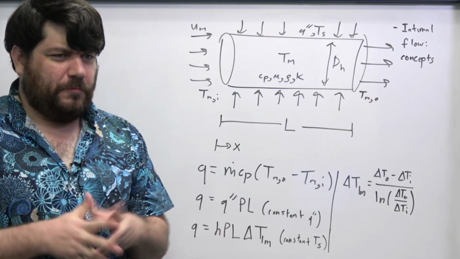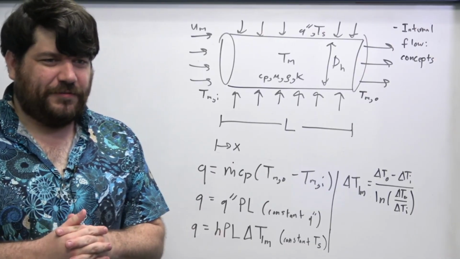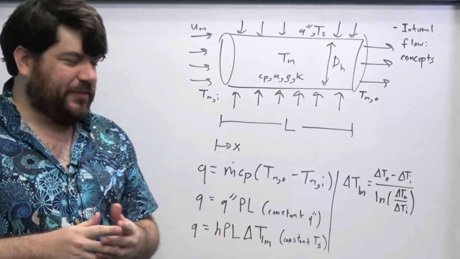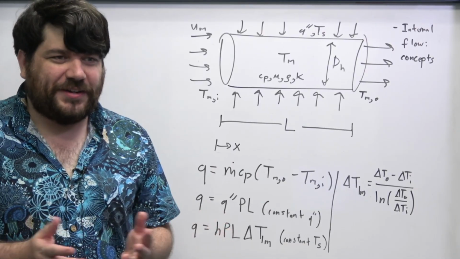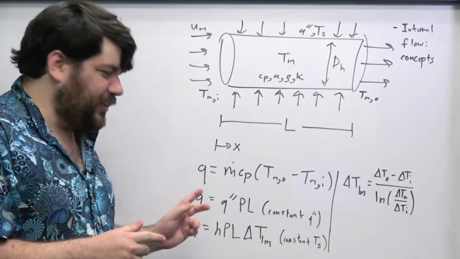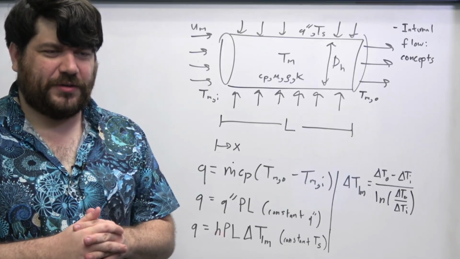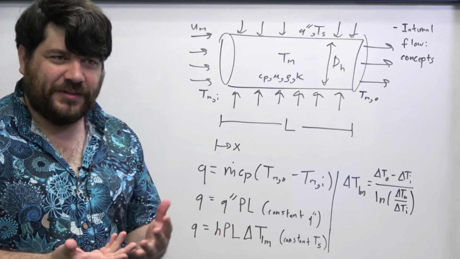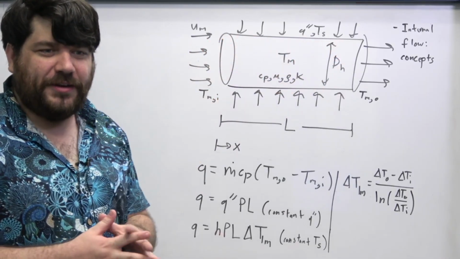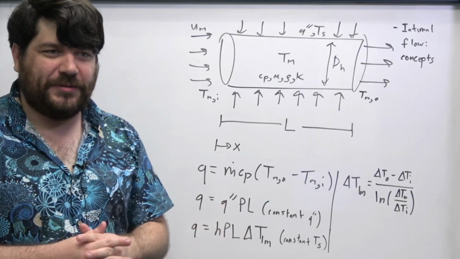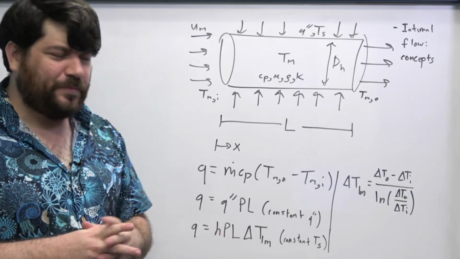And so the equation for the constant heat flux case is relatively simple. It is just a geometric restatement of the fact that the heat transfer rate is equal to the heat flux times the surface area over which the heat transfer takes place, which in this case is just this curved surface area, the perimeter of the duct times its length, right?